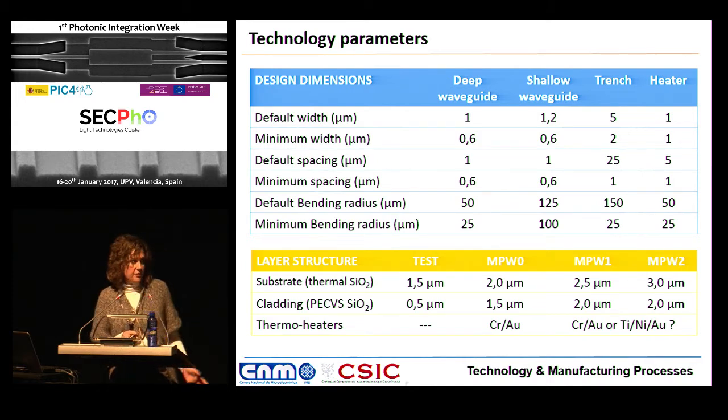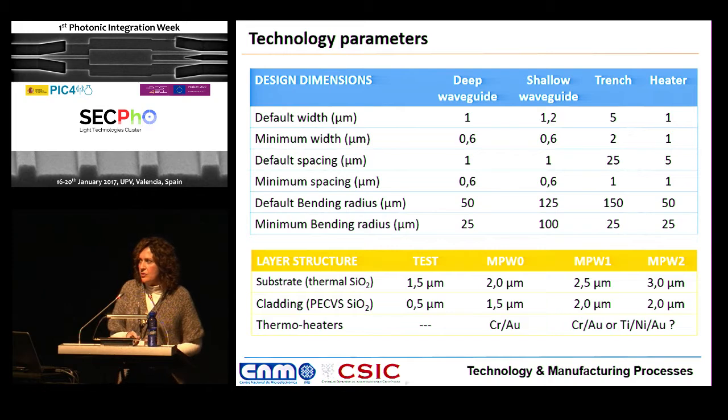And for the thermoheaters, we have not yet decided which layer is better to deposit on our structure, because the definition process, the bonding, and the resistance for the metal on the wafer is a compromise, so we haven't yet decided which one is better to process and to fabricate the circuits.